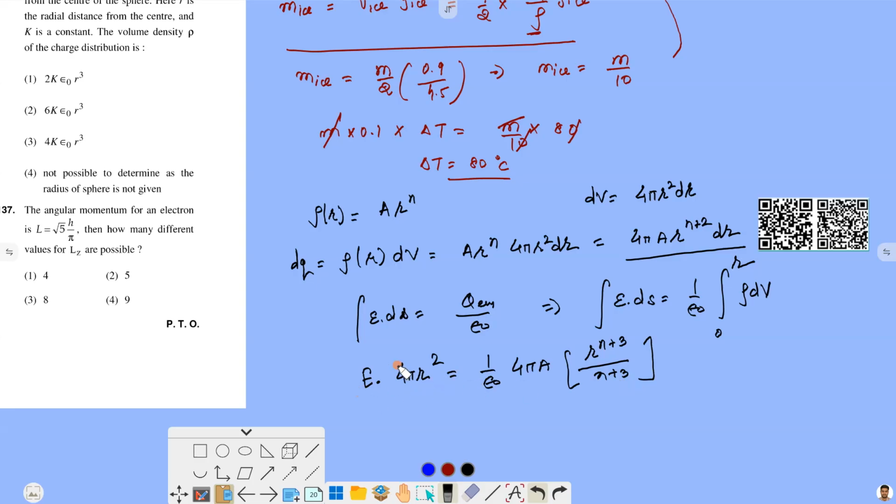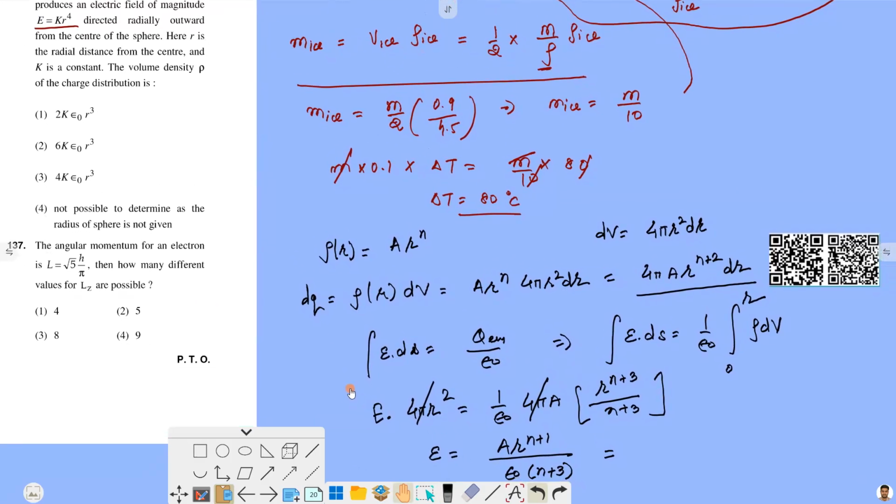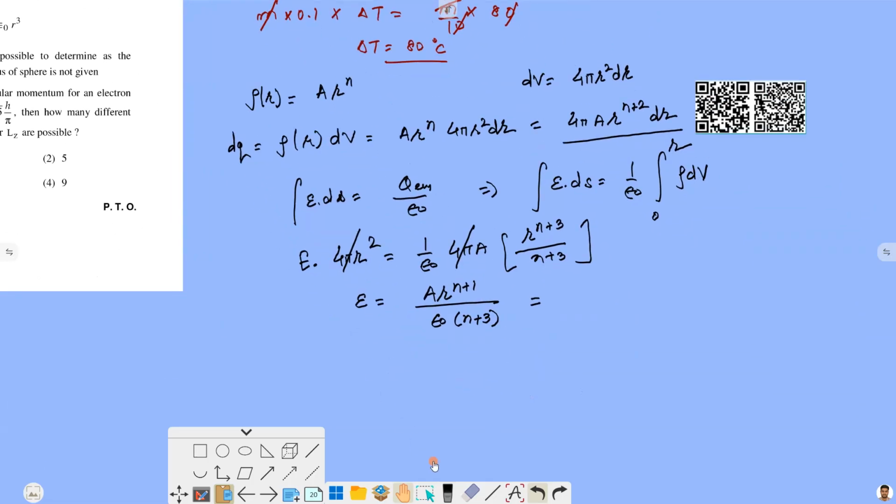Now from this we can cancel 4 pi, and r square can also be adjusted. So we will get E is equal to A into r raised to power n plus 1 divided by epsilon naught into n plus 3. And this should be equal to the given electric field, which is k into r raised to power 4.